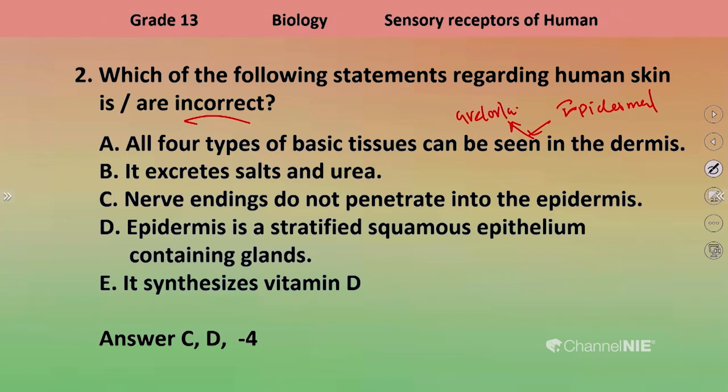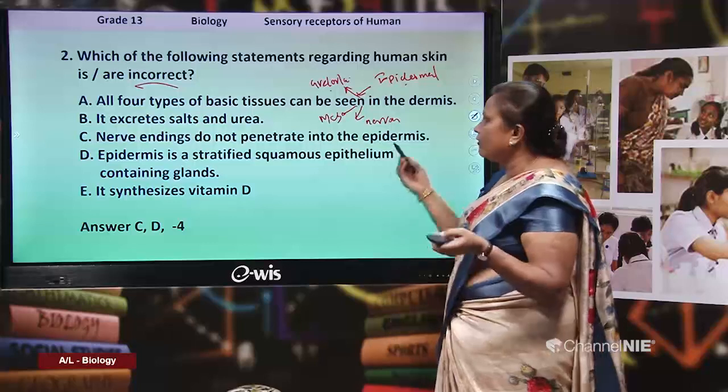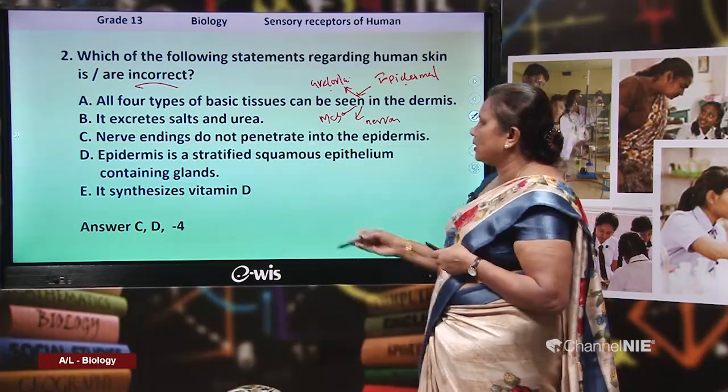The skin means epidermis and dermis. Muscular tissue is also found, and nervous tissue, as nerves are there. Muscular tissue, the arrector pili muscles for example, is also found. Therefore, all four basic tissue types are found. You need to have better knowledge to answer this question.